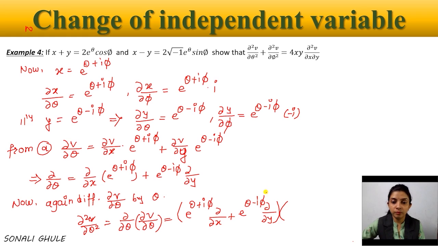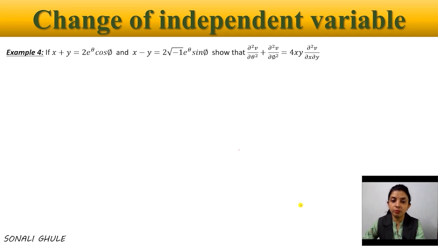This value: write down e to the power theta plus i phi dou v by dou x plus e to the power theta minus i phi dou v by dou y. And we just have to open these brackets here. Okay, so when we open the bracket, what terms do we get here? See, this term into this term means again the double derivative of v with respect to x.